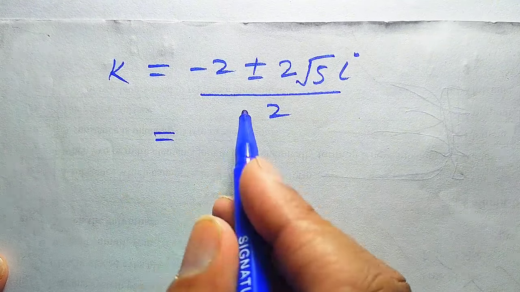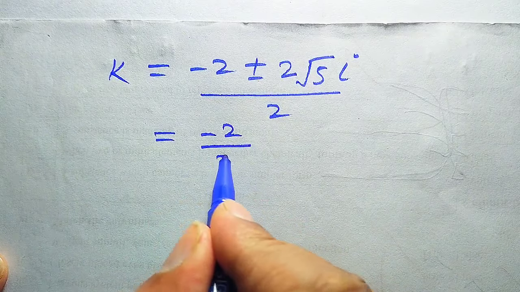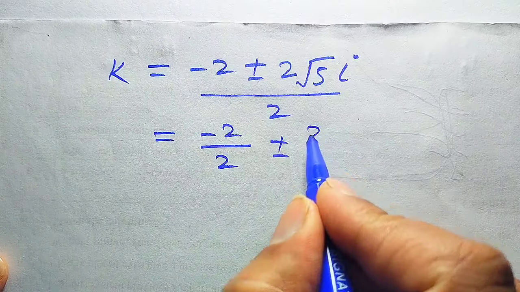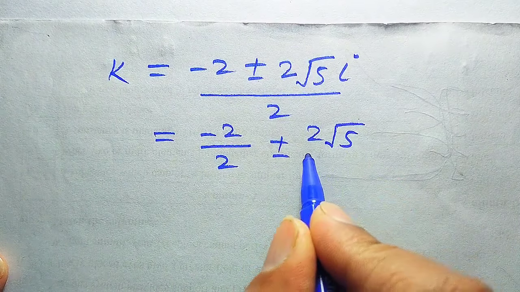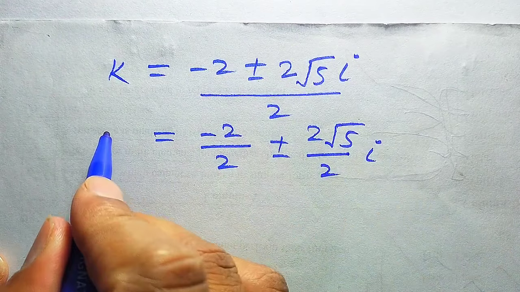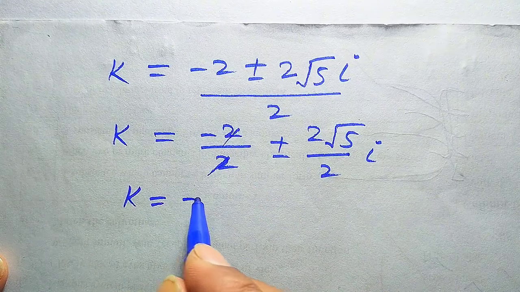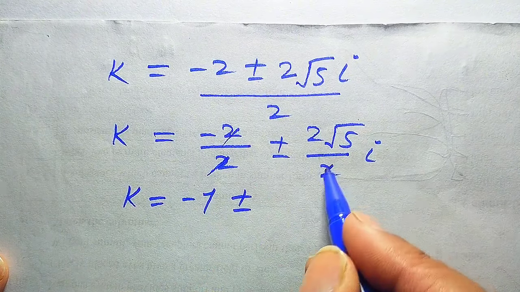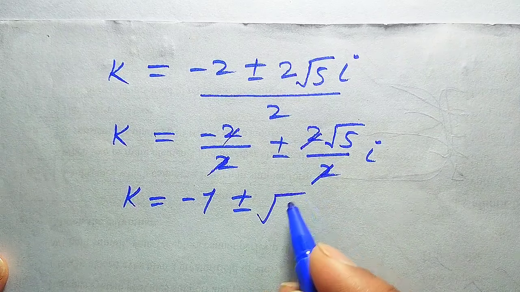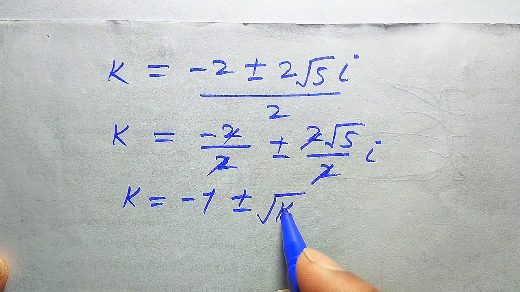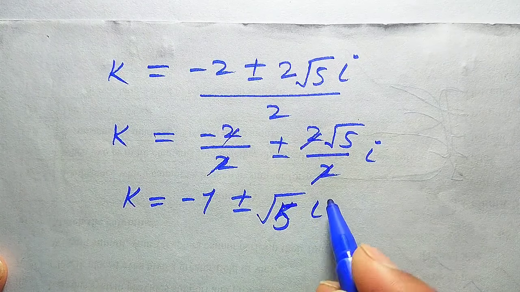For this we need to break this fraction, and it will be written as minus 2 over 2 plus minus 2 times square root of 5 divided by 2 into iota. Okay, this is cancelled out by this one, and we get k equals minus 1 plus minus, this 2 and this 2 are also gone, and we get square root of 5 into iota.